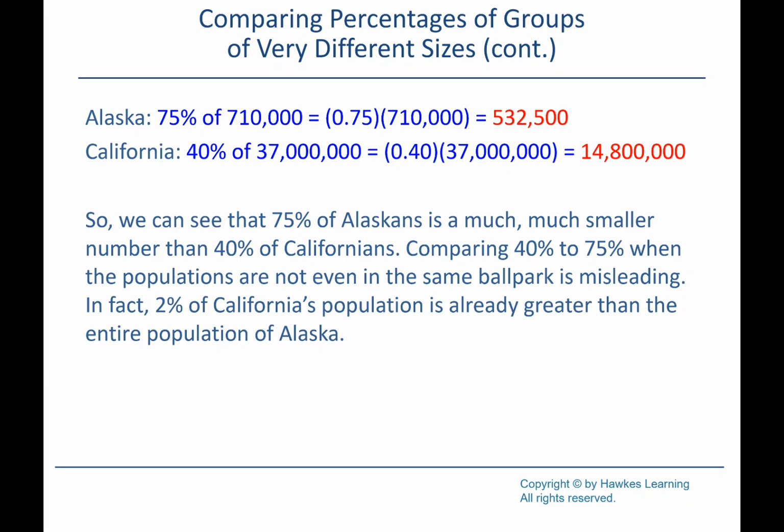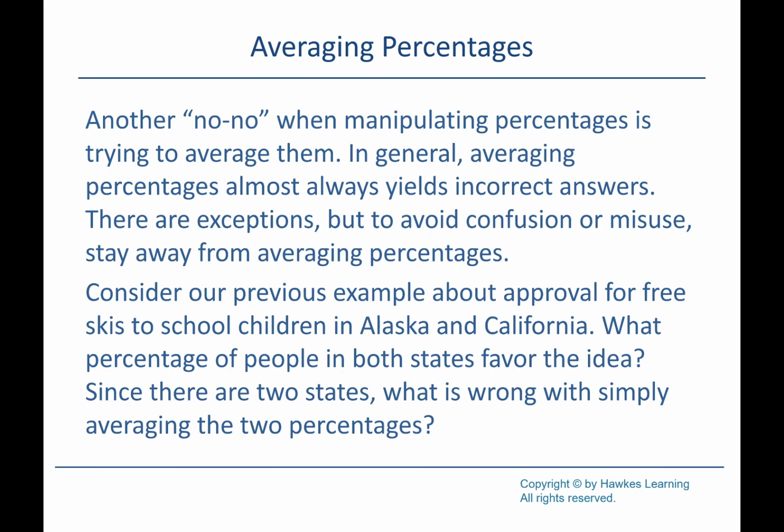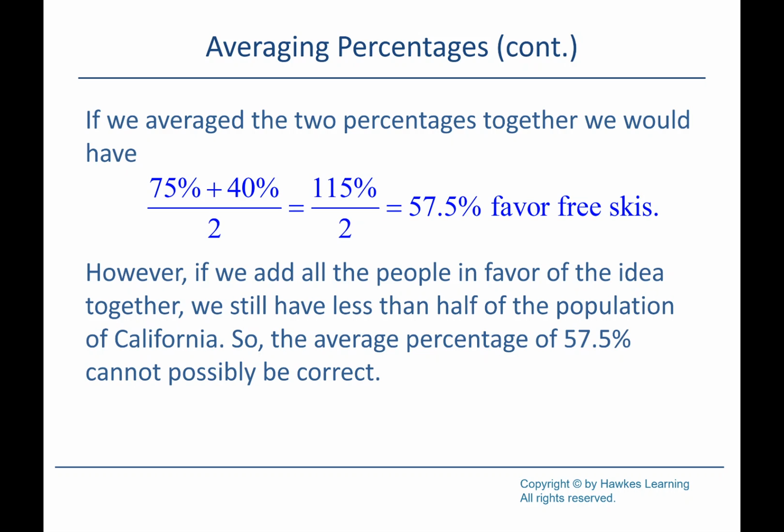The second thing we're told to avoid is averaging percentages. So let's look at one of those. Maybe we'll go back to our free skis example. We had 75% of people in Alaska favor free skis, 40% in California. What if we just wanted to figure out the average percentage for the two states?